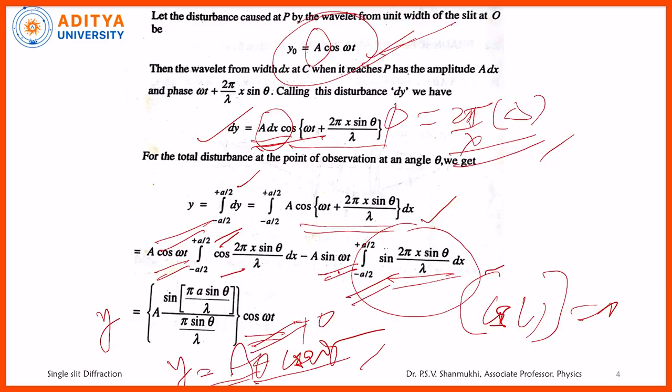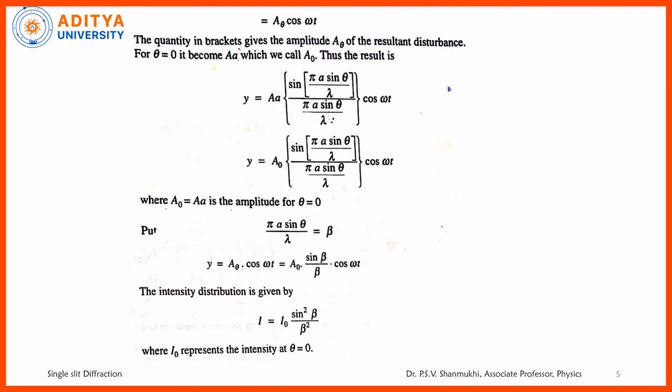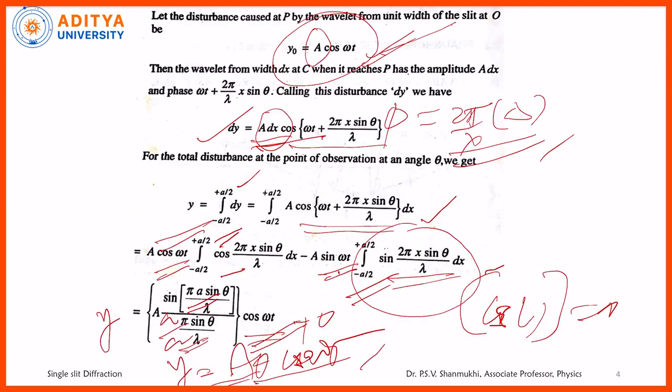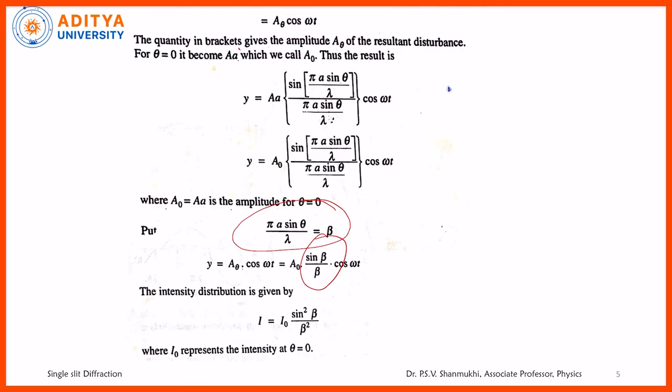The resultant amplitude is a sin(pi a sin theta by lambda) by (pi sin theta by lambda). If you observe this, in the numerator there is an a term, in the denominator there is no a term. That's why I multiply and divide with a in the numerator and denominator. So a into a, sin of something by something, is written as sin beta by beta. A naught, small a into sin beta by beta. What is beta? Pi a sin theta by lambda is taken as beta.